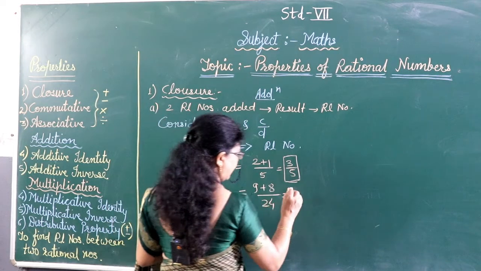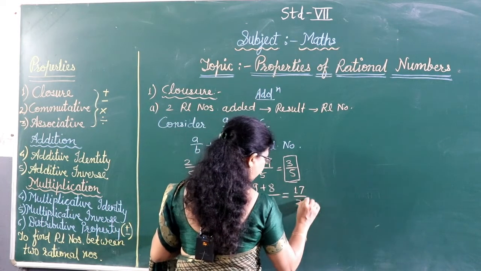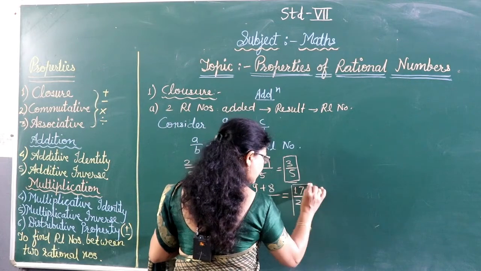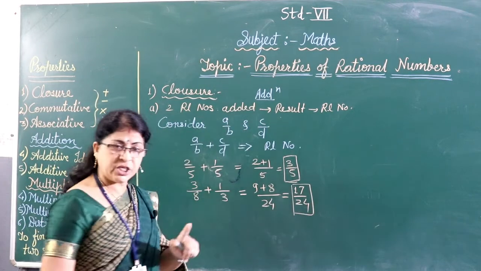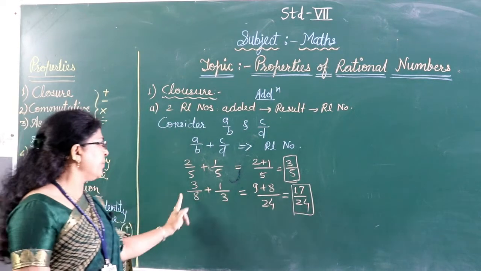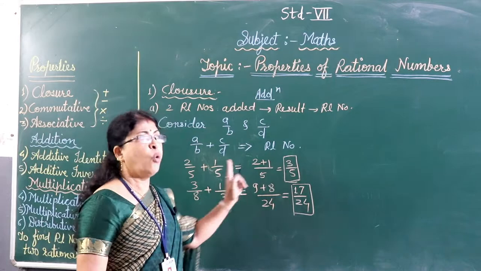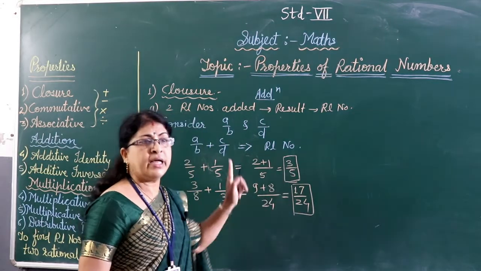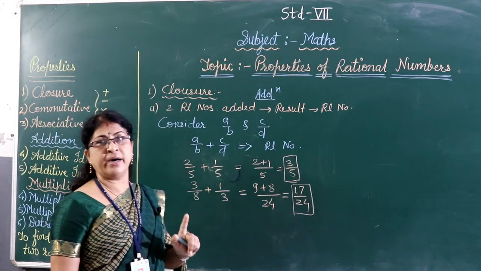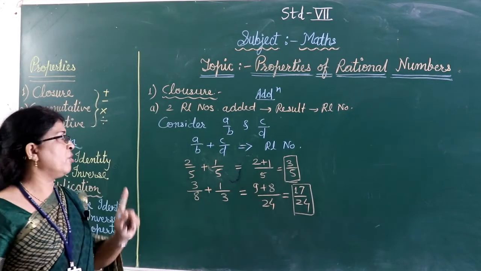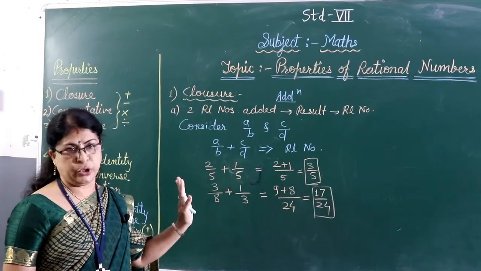So 9 plus 8 comes to 17 upon 24. This is also a rational number. Means when we add two different rational numbers, whatever result comes is also a rational number, then we say that addition of rational numbers is closed.